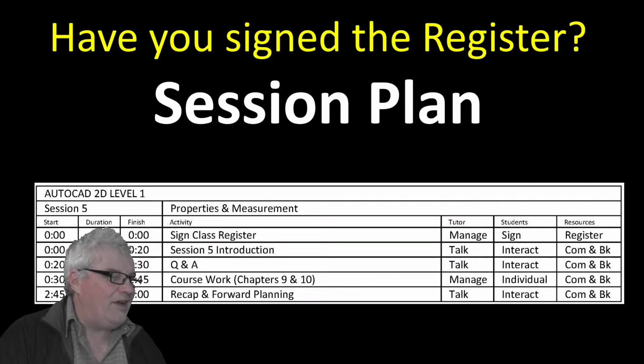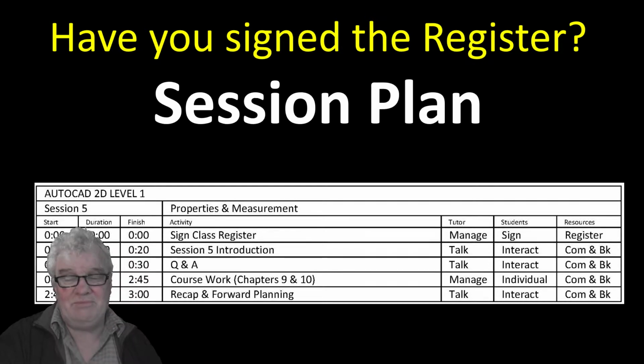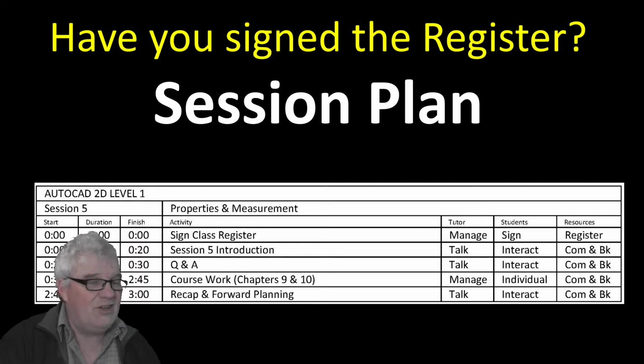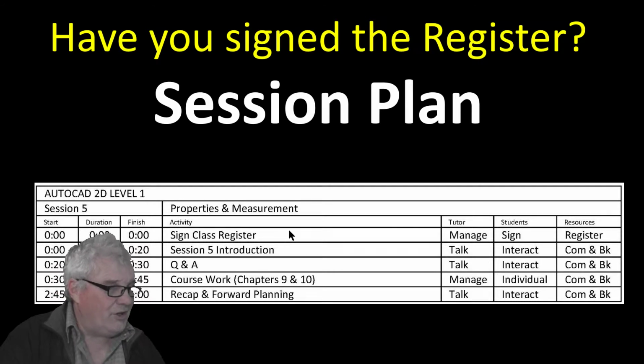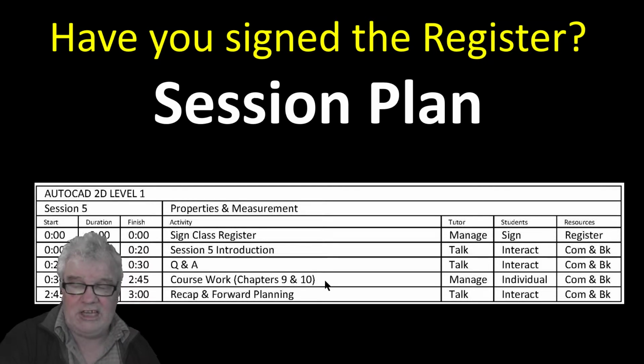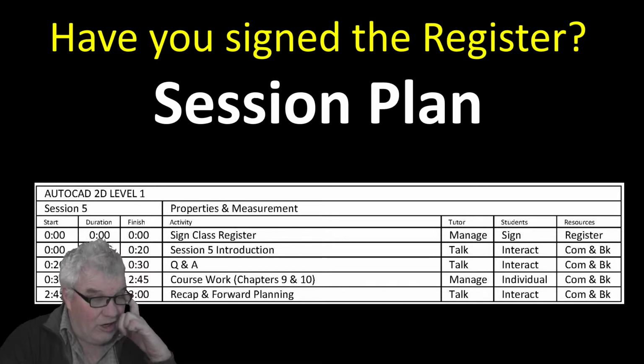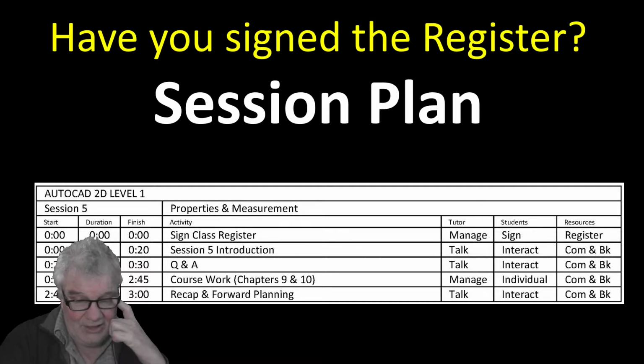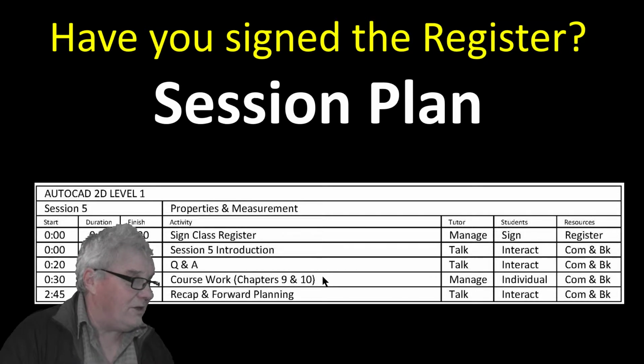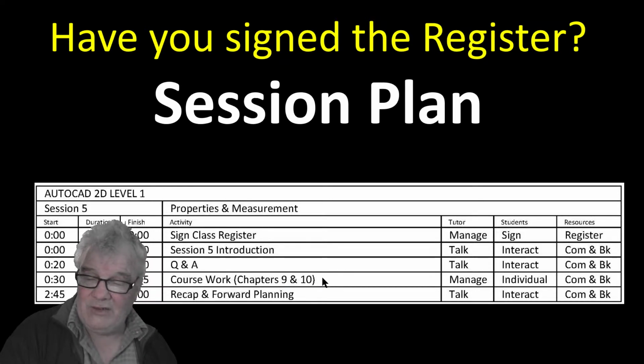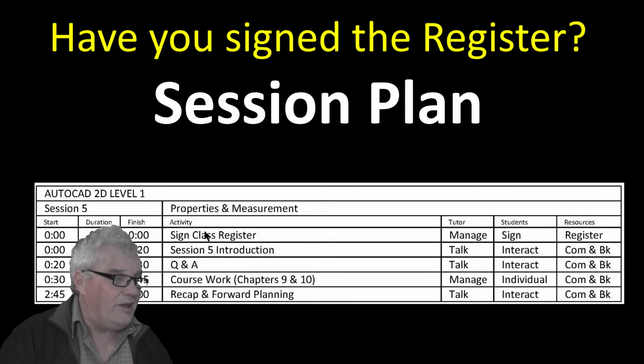Today's session will follow a very predictable path, the same as last session, and don't forget to sign the register. I'll do my little intro, what this is, Q&A in the live, and then we'll be working on chapters 9 and 10. This is the 5th session, so 50% done. We've got another 5 sessions after that, and we'll be through the book.